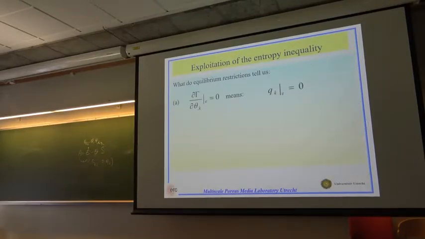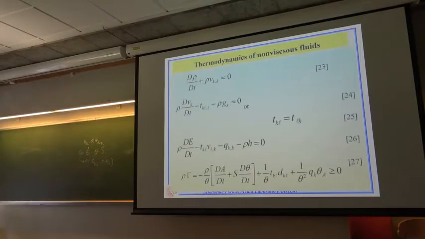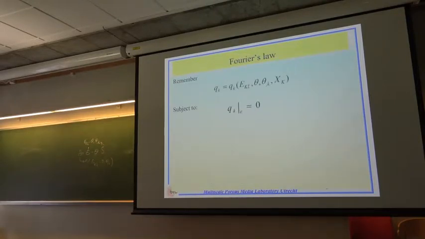Then this will give me that q_k at equilibrium must be zero, and its derivative must therefore be positive, which means that if I make a linear approximation, and if you want we can do a third order approximation, a linear approximation means that q_k is equal to some constant k plus a tensor kappa_kl times the derivative of temperature.